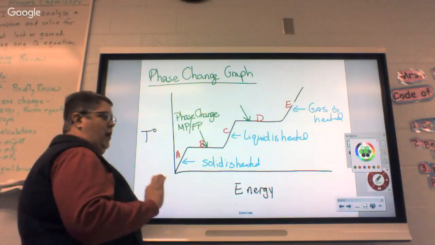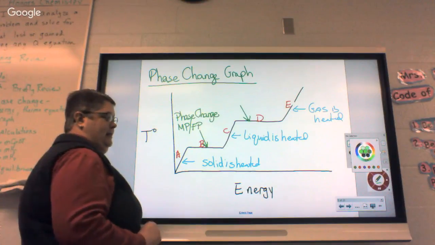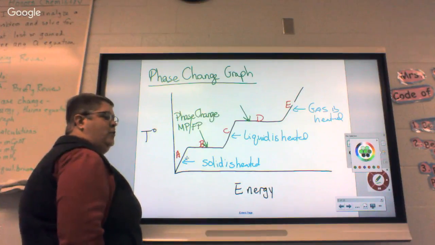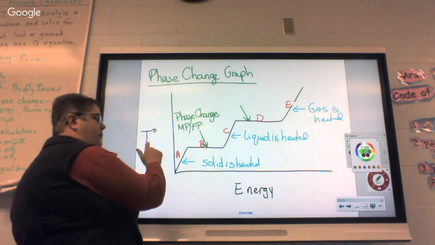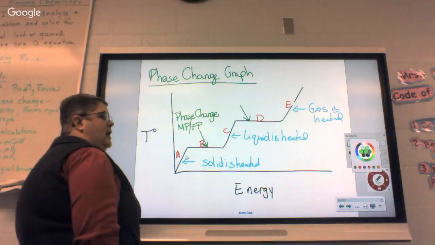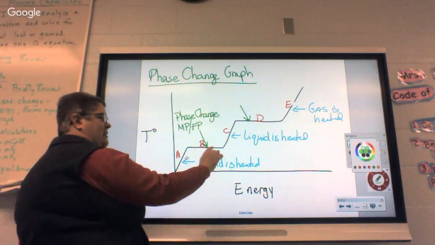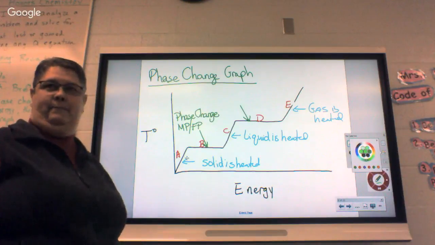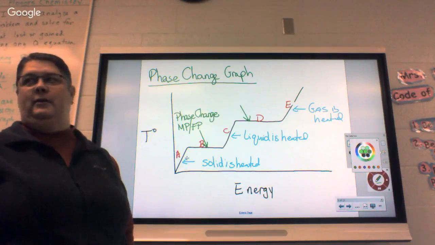What changes when we melt and when we freeze? The energy changes. The temperature does what? Stays the same. It's constant. Temperature doesn't change. Are you with me on that?